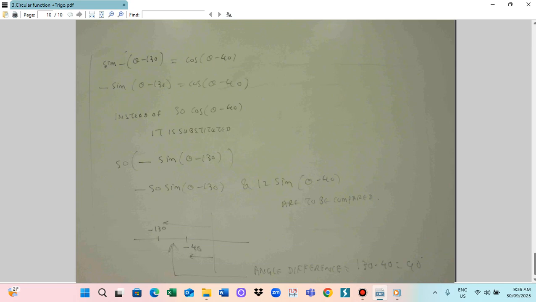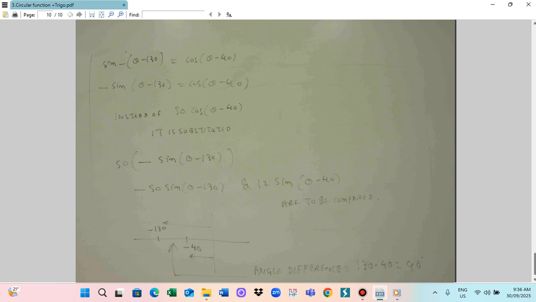Therefore, the alternate equation is, instead of comparing cos theta minus 40, it is the same as minus sine theta minus 130. So we substitute. Instead of 50 cos theta minus 40, how to substitute?